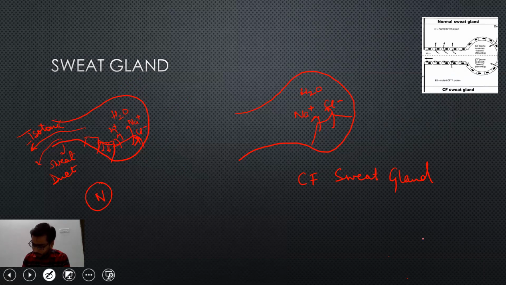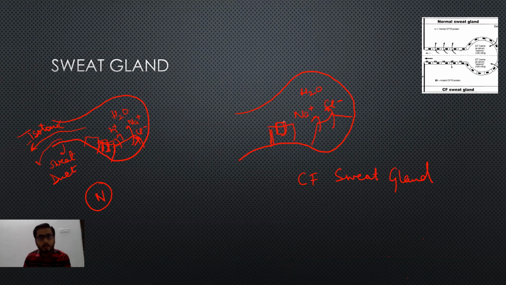But here there is CFTR protein. This CFTR protein allows the reabsorption of sodium, chloride, and other ions to make this sweat isotonic. Here, this CFTR is mutated. There is a problem in this CFTR protein. This CFTR protein is abnormal here.